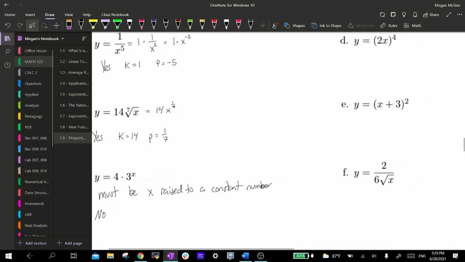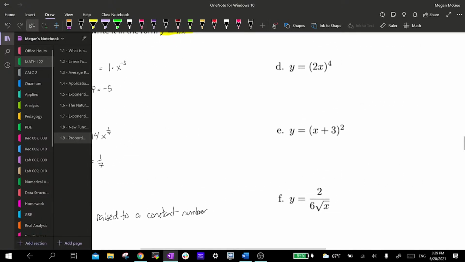Okay, let's keep going. Part E, we have 2 times x all raised to the 4th power. All right, let's see if, again, we can rewrite this. Well, because we have multiplication between the 2 and the x, we're allowed to distribute this exponent, okay?